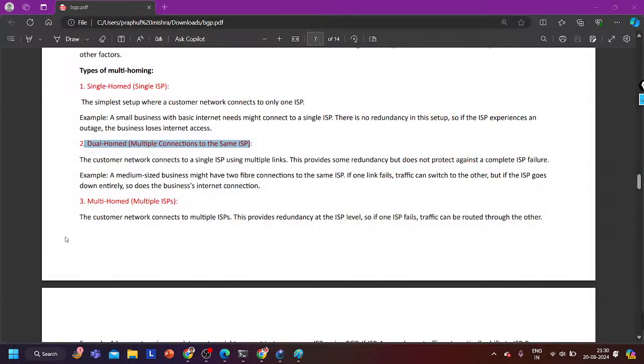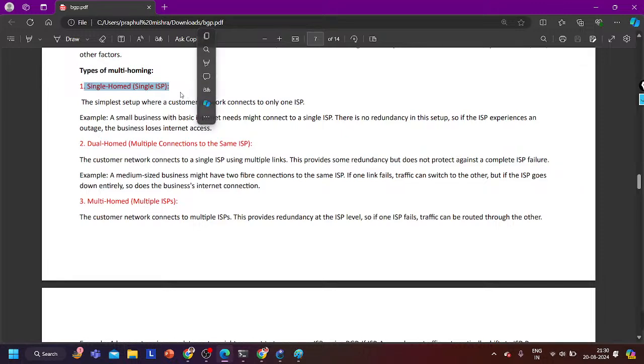Single homed is for small organizations, like your home, so that all family members can access internet. Dual homed is for medium size business, where you can connect two links with the same ISP. A customer network connects to a single ISP using multiple links.